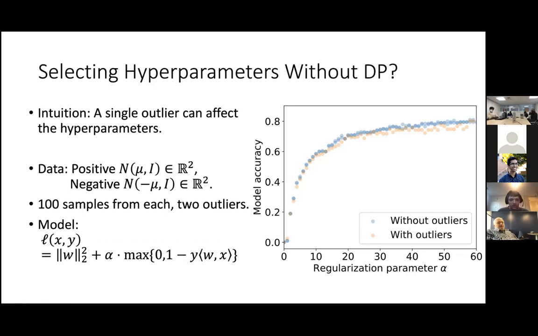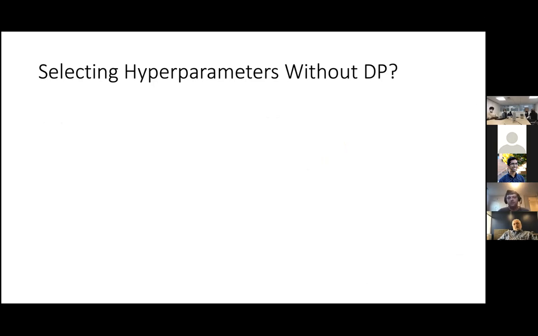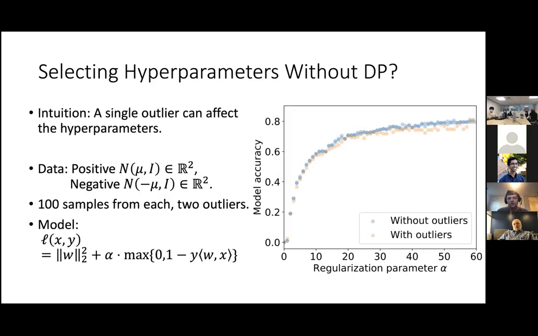And the model is what you get from a support vector machine. So you've got a hinge loss and an L2 regularizer, and the parameter alpha just sets the weighting between these two terms. So you can see a difference in what happens here. Any questions about that?